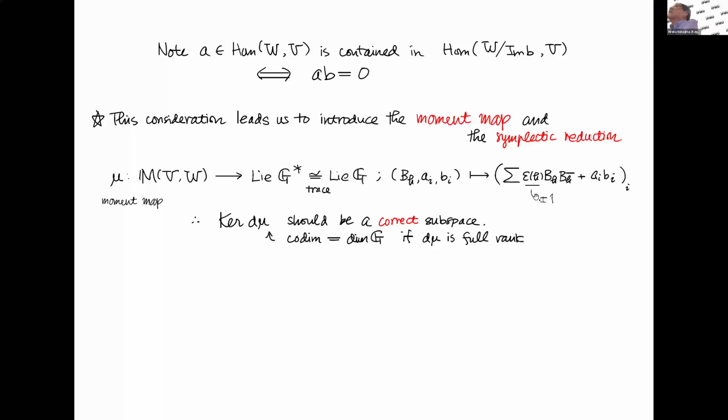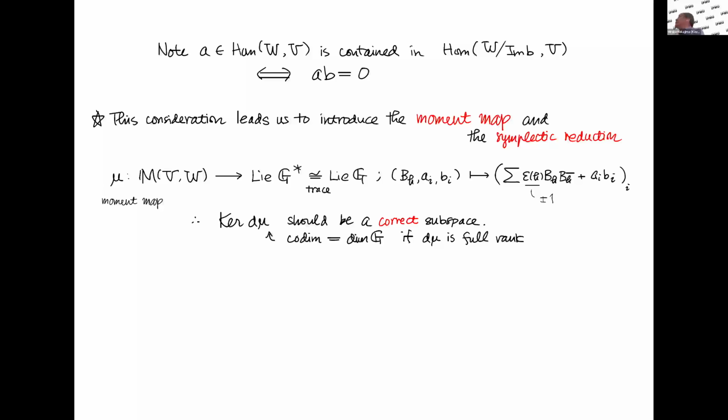So the first part is epsilon h, which is plus or minus 1. If h is in the original quiver Q1, then epsilon h is plus 1, and if h is in the opposite quiver, then epsilon h is minus 1. And B_h times B_h bar. This strange sign comes from the definition of the symplectic form, which I didn't write down explicitly.